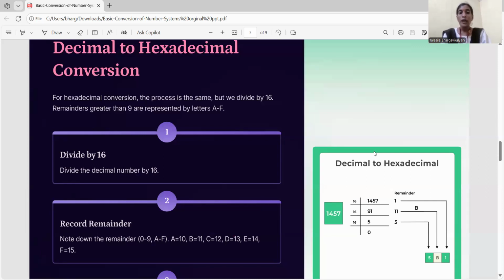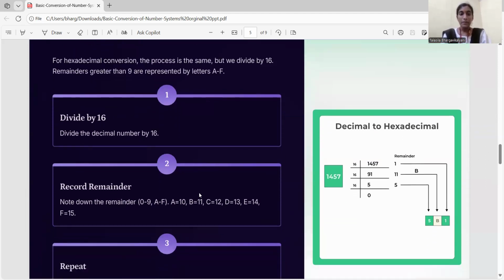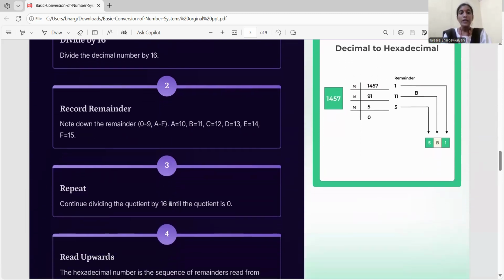If they are more, we need to write with the alphabet representing the numbers like 10, 11, 12, 13, 14 and 15. We need to repeat the same division until we get the coefficient 0. We need to write the order from bottom to top.